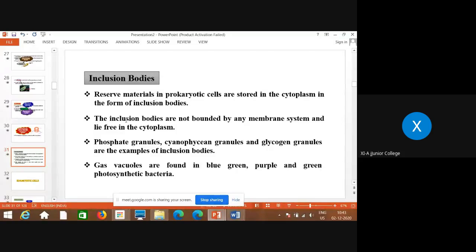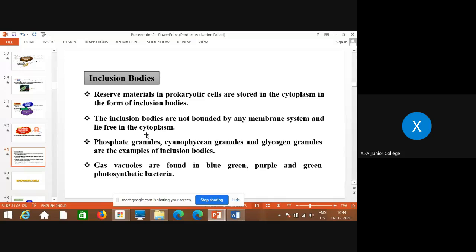Okay, the inclusive bodies are not bounded by any membrane system and lie free in the cytoplasm of prokaryotes. They may be phosphate granules, cyanophycin granules, or glycogen granules.